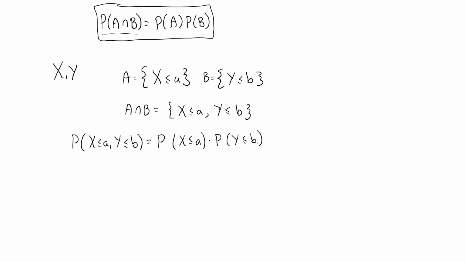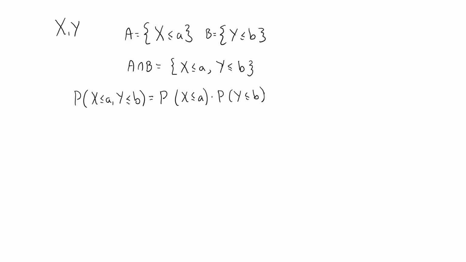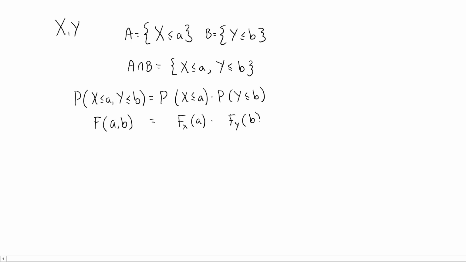If this is the case, then these two events are independent. Well, we have a name for this probability. We call that the joint CDF, so that's F of a comma b. This is the marginal CDF of X evaluated at a, while this is the marginal CDF of Y evaluated at b. So we concluded that this event is independent of this event if this relationship holds.